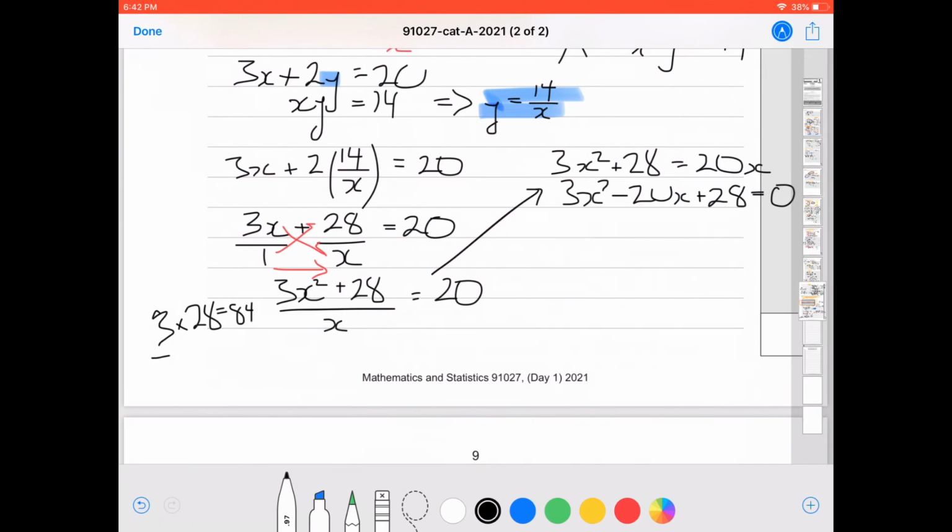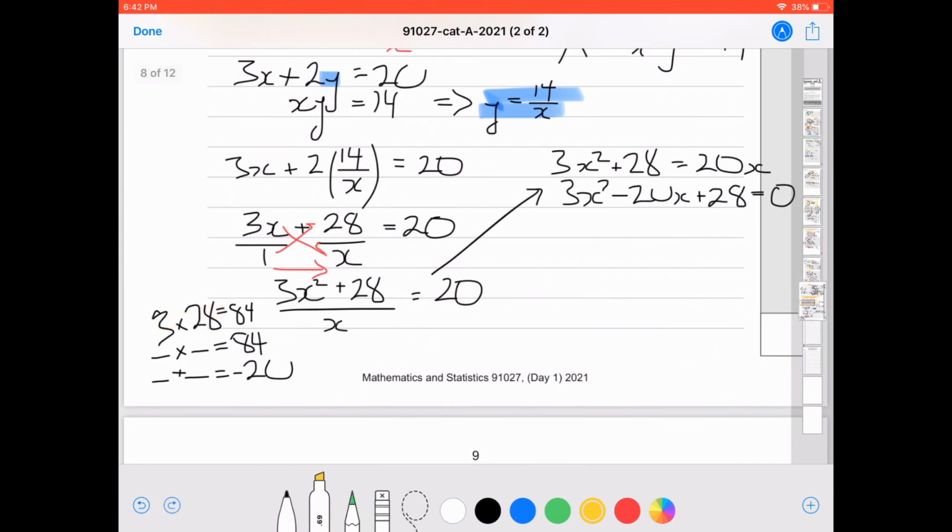And so we're looking for two numbers that multiply to 84 and add to the b term, which is minus 20. And those two numbers are minus 6 and minus 14. You'll find that 6 times 14 equals 84, and you can sort of tell that in here because 3 is half of 6, and 28 is double 14.